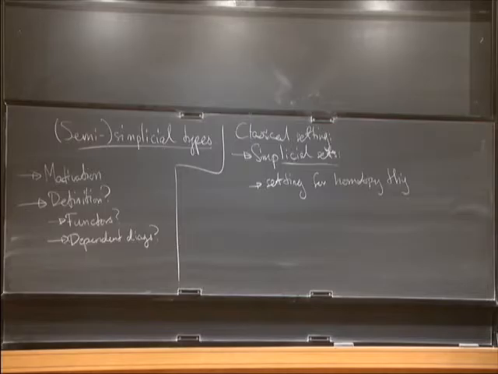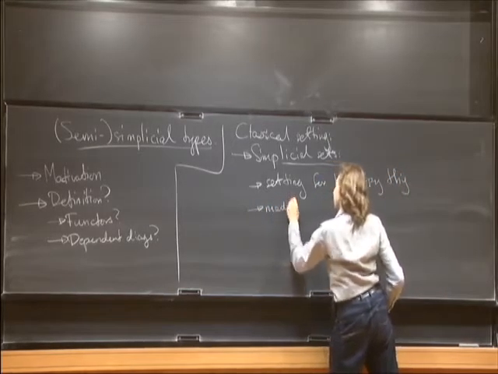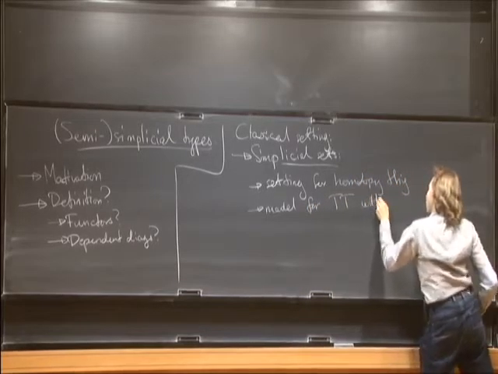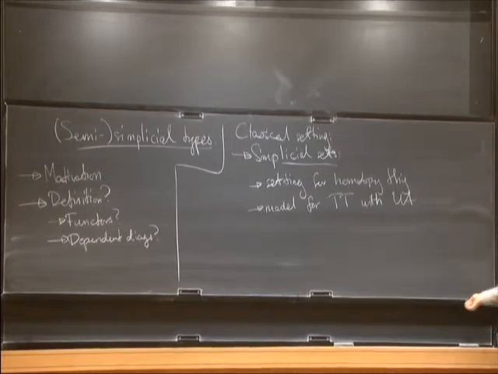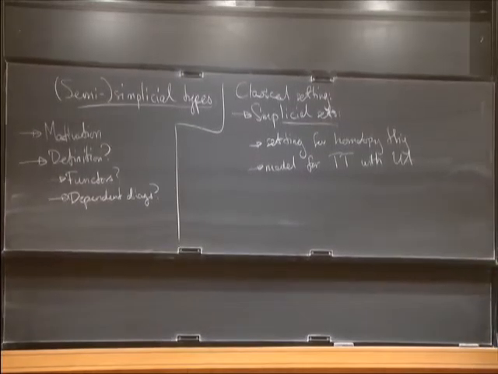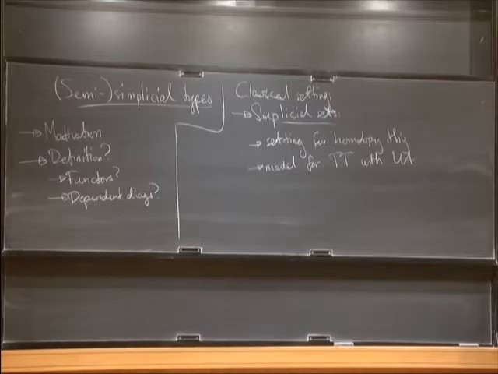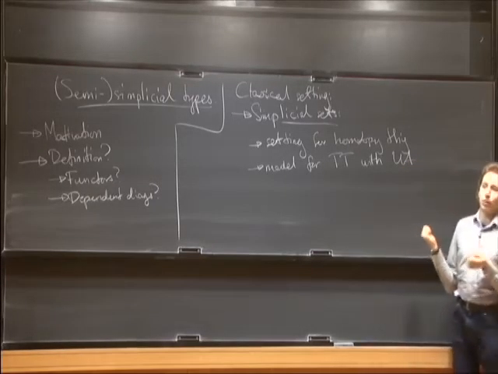And more recently, thanks to Vygotsky, they're a model for type theory with the univalence axiom, and more generally, just about anything else that we can reasonably call a homotopy type theory. For Vygotsky, this model is the kind of the genesis and justification for everything that deserves to be called a principle of homotopy type theory.